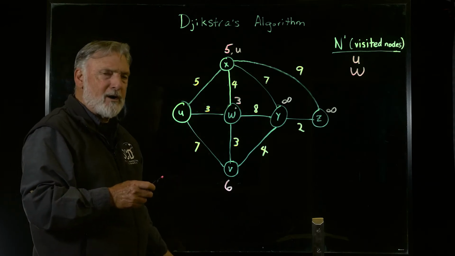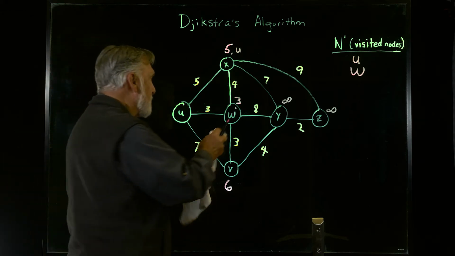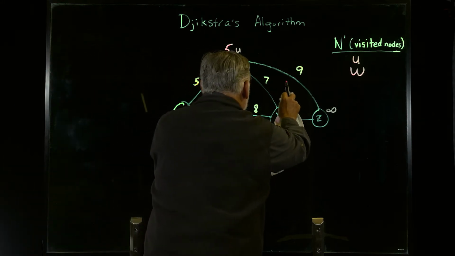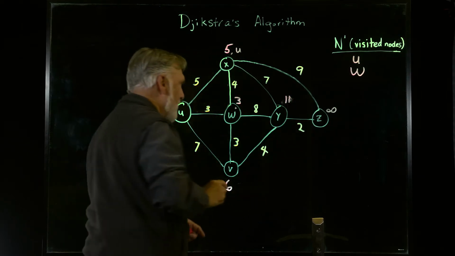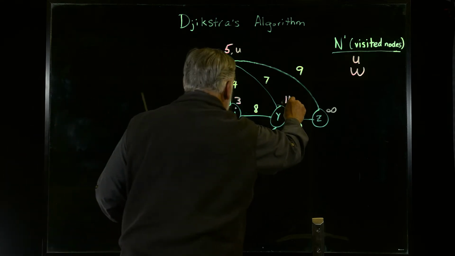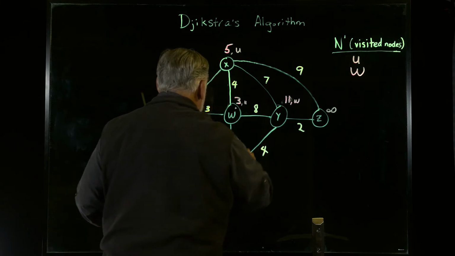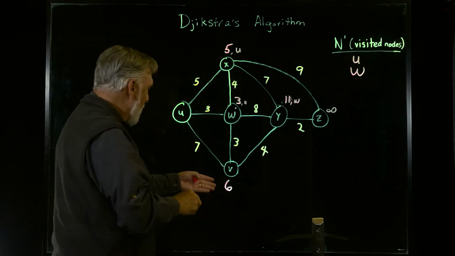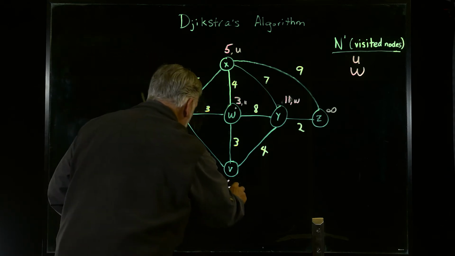So we know more than we knew before, so we can erase the infinity and put down the tentative cost to Y as 11, going through W. And right here, for V, I need to put down that we were going through W.